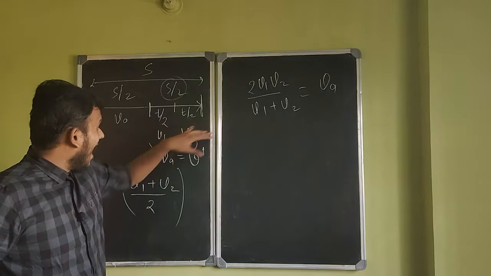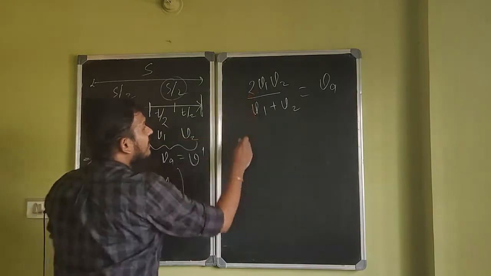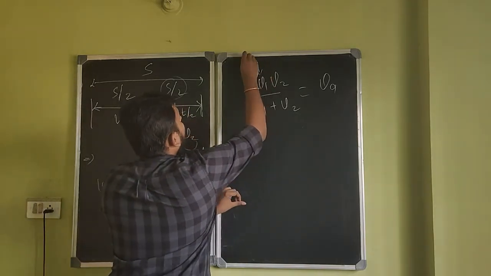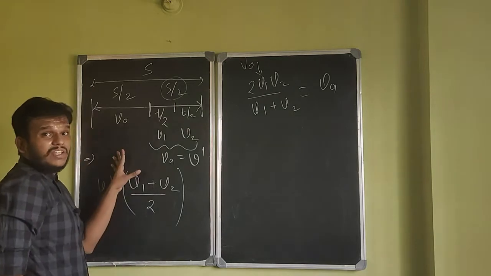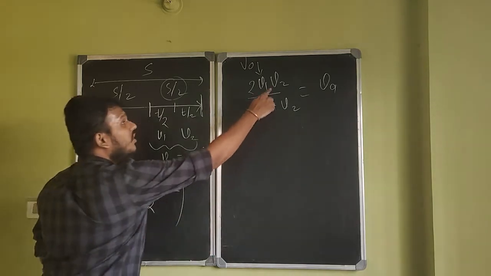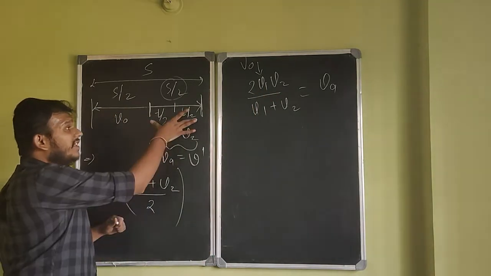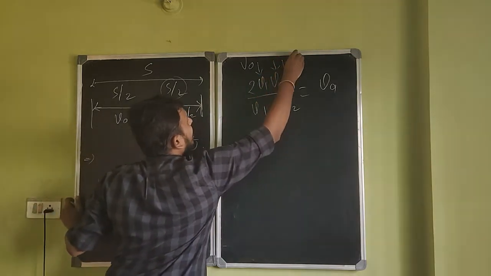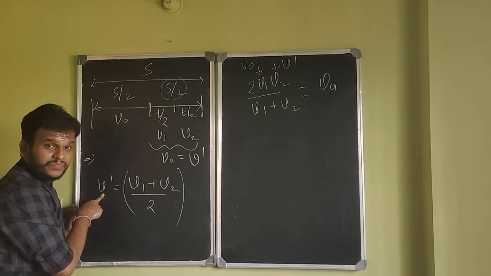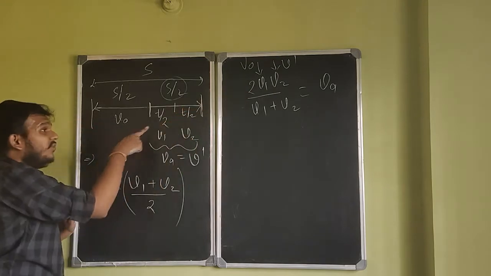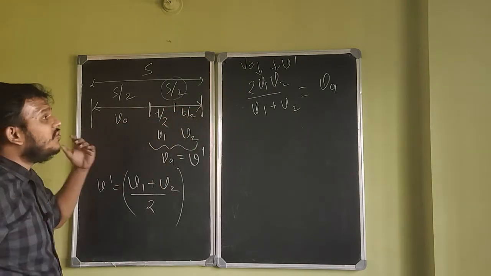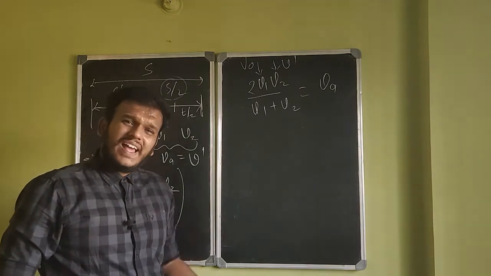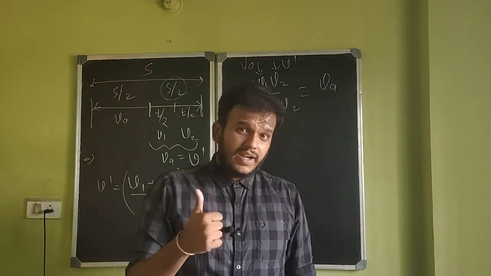What is your v1 according to this formula? Your v1 is actually v naught for this problem. And what's your v2? Your v2 is the velocity for the remaining journey. And that v2 is going to be your v dash, which you have already calculated here. So your v dash is v2 and v naught is v1. I'm going to use this to give you the average velocity. Just do that and you'll get your answer. Alright?